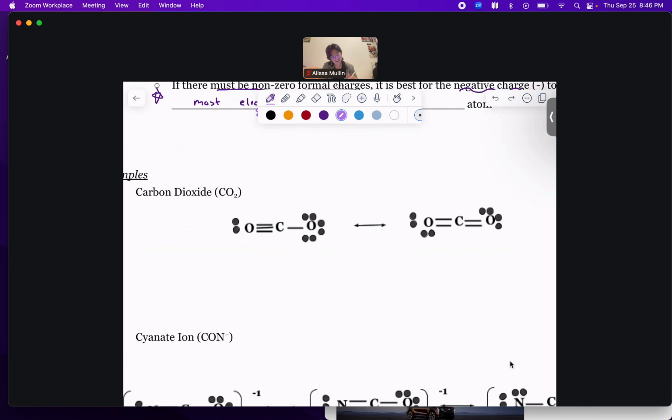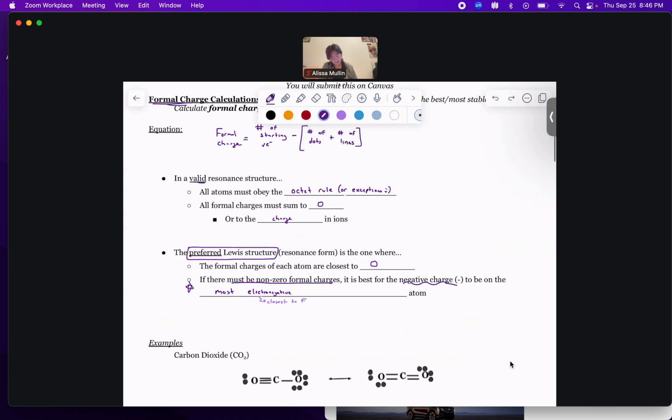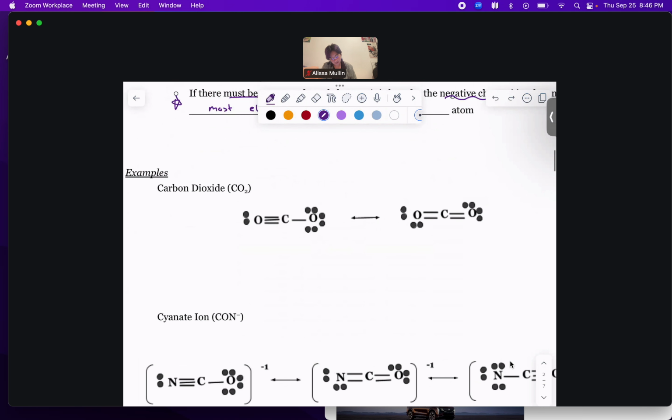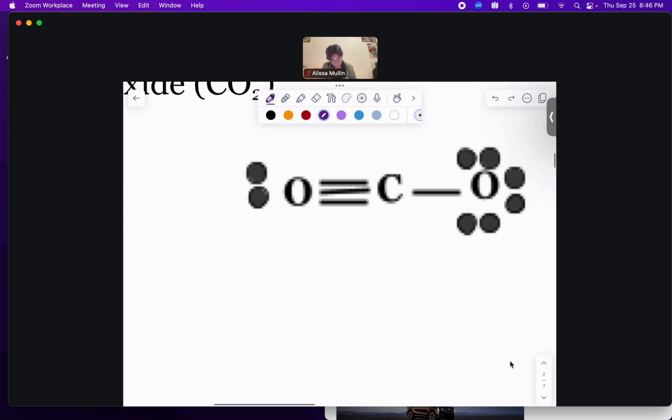So, these terrible Lewis structures I made on my computer. Let's go through, and again, you're going to do this formula for every atom. Let's look at my oxygen right here. I want to find its formal charge. Our formula for that is starting electrons minus the dots and lines it's attached to. The periodic table says it starts with 6 valence electrons.